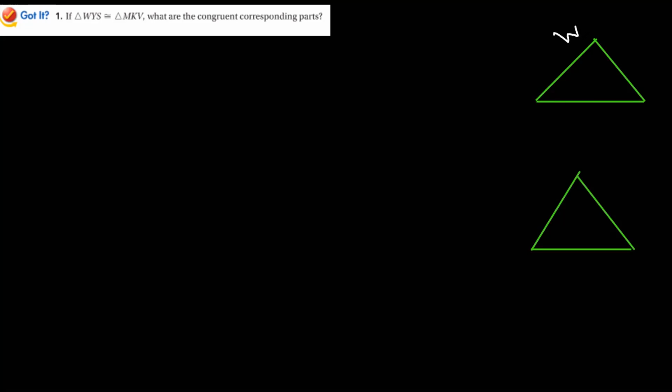let's draw here a triangle. Here we have now these 2 triangles. Then, the second step. Here we have W, Y, S. Look at me. I start with here. W, Y, S. Don't forget my direction. Here also I will say M, K, V. Is it clear?